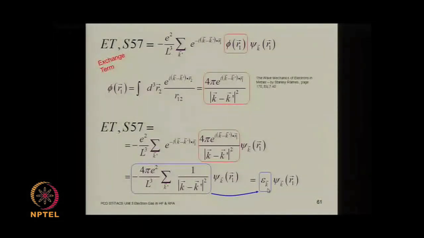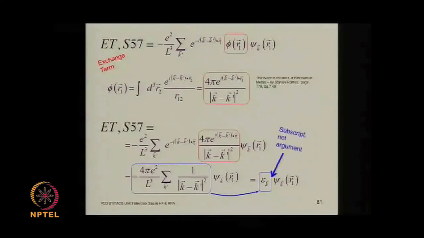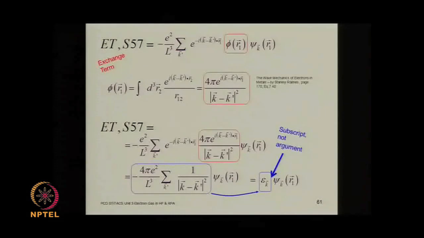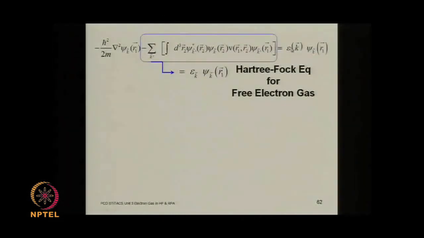The previous epsilon, which came from the Lagrange multiplier, was written as epsilon with an argument k. So epsilon with the argument k is different from epsilon with the subscript k. Keep track of that.